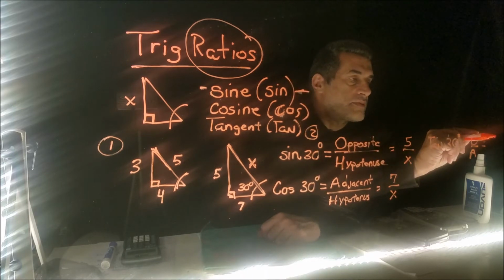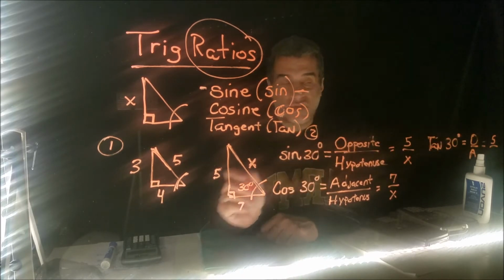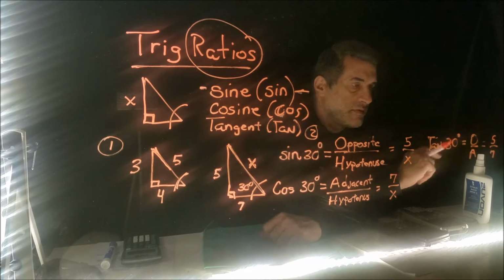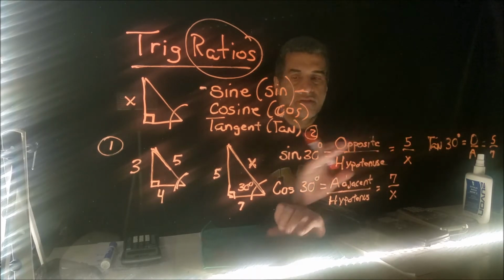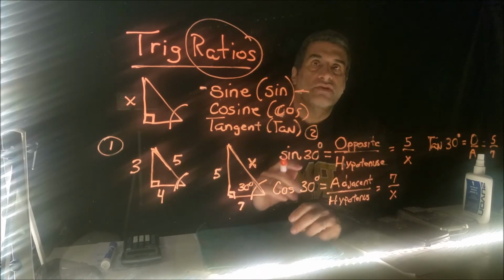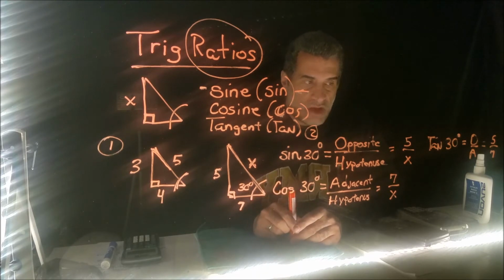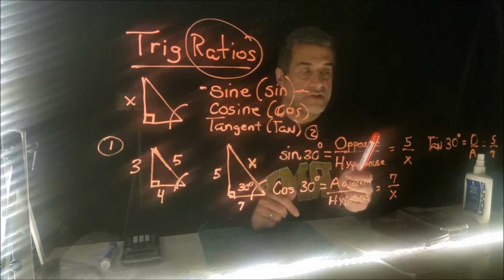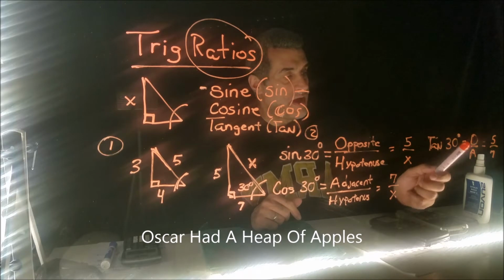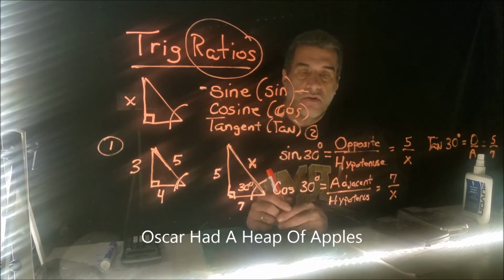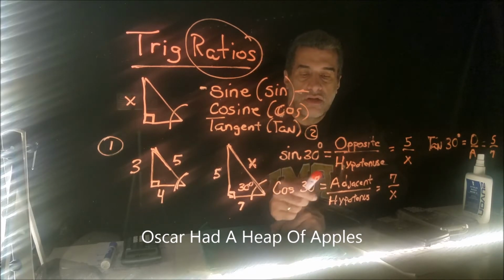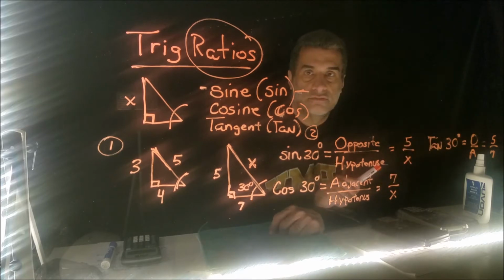The 5 is opposite. And what is adjacent? 7. So the ratios go like this. And there's a way of remembering it. Some people do it as Oscar had a heap of apples. Some people use that. Or you can do Soh Cah Toa.